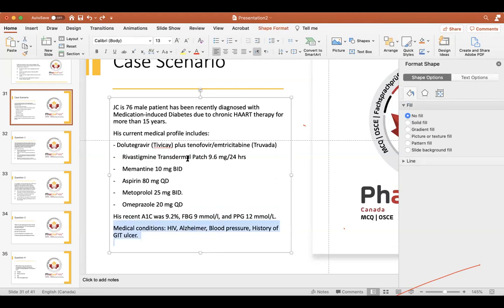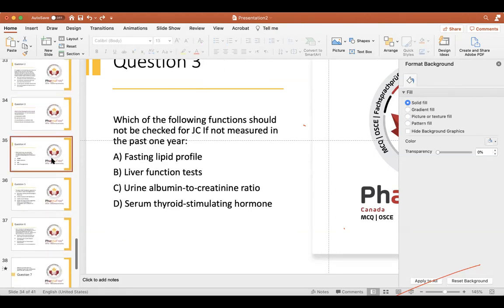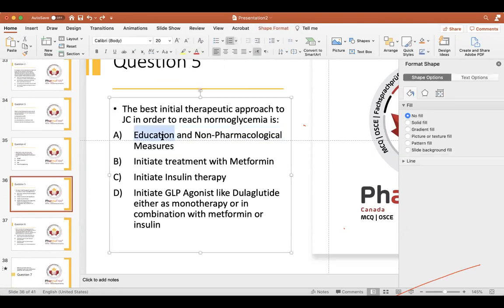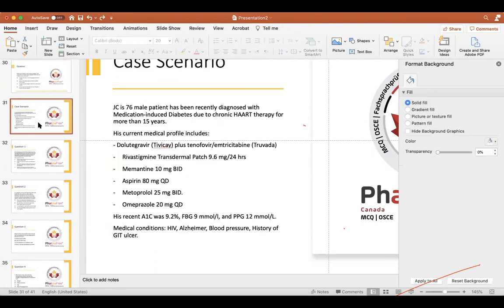And his A1C is above the target by less than 1.5. So insulin is not the first choice here. Okay, one colleague went for education and non-pharmacological measures. Can you educate this patient and give him non-pharmacological measures? Oh, yes. Metformin.